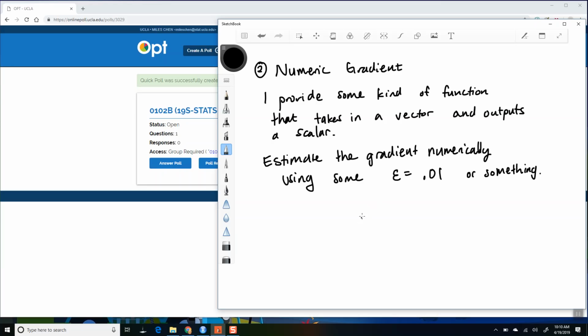All right, and so if you've got some function of say w, then your gradient can be approximated numerically by doing f of w plus epsilon.